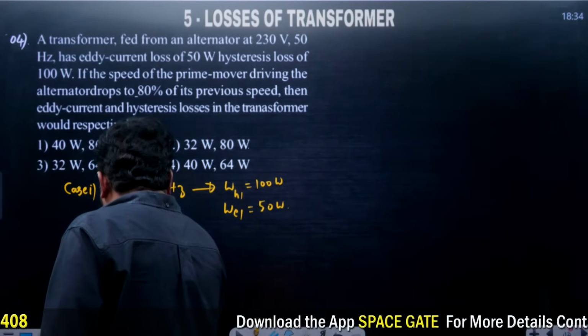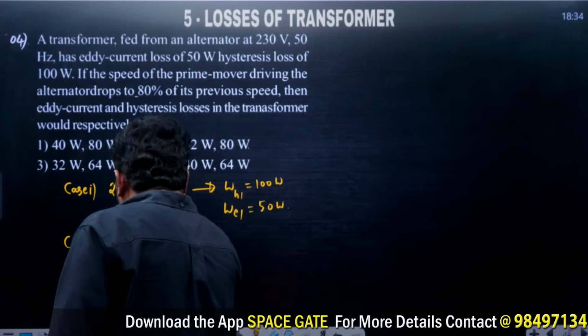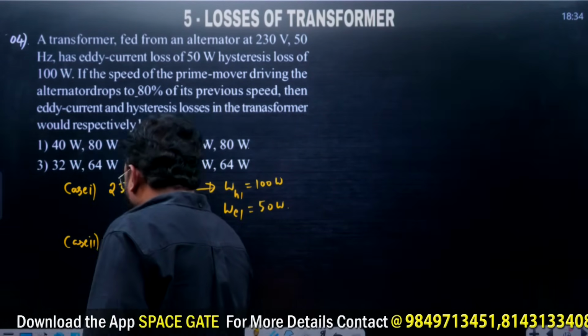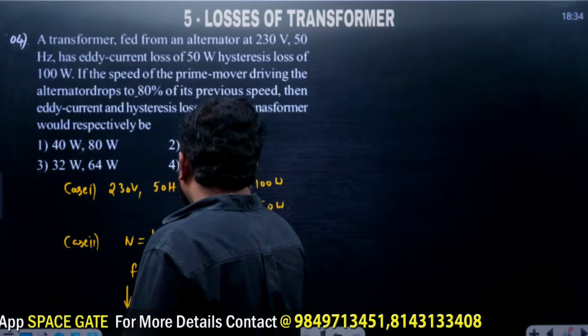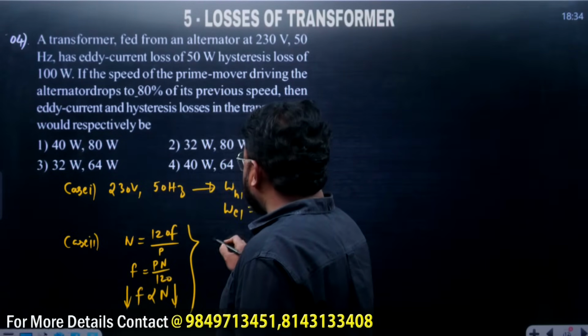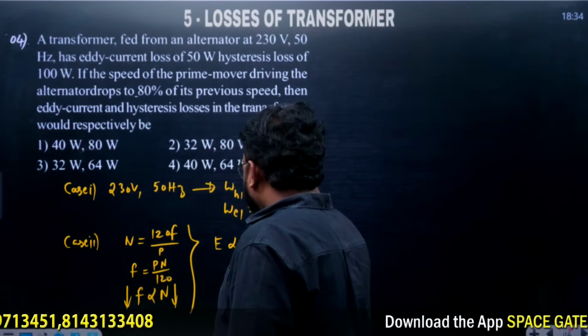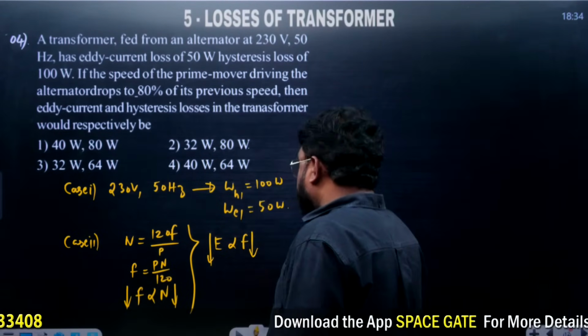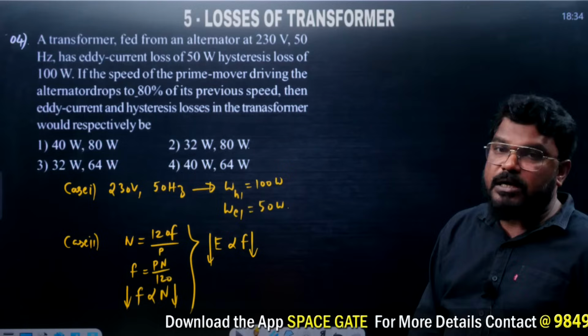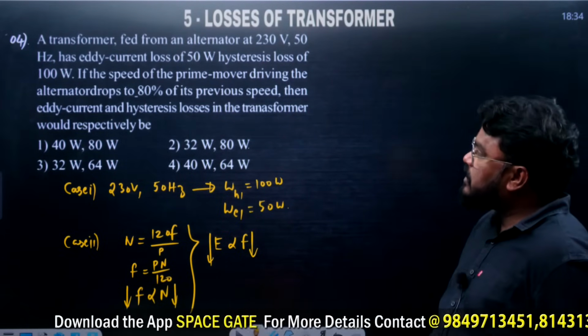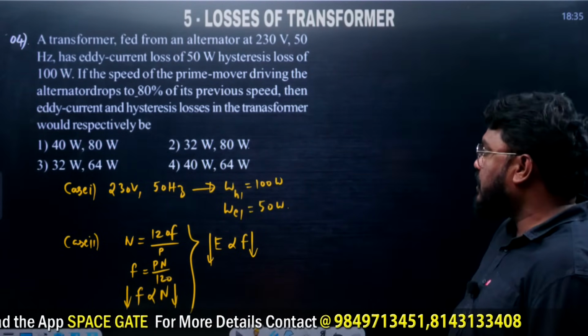So F is directly proportional to the speed. When speed reduces, frequency also reduces. And what about voltage? Voltage is also directly proportional to the frequency. When frequency reduces, voltage also reduces. It exactly drops to 80% of the previous one.